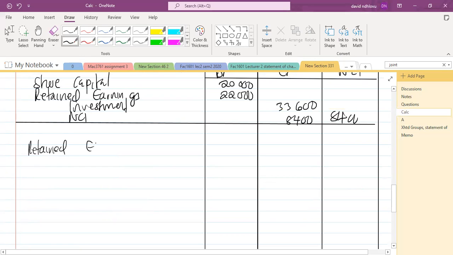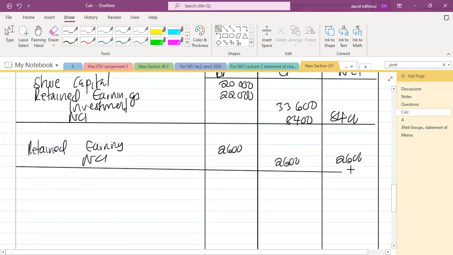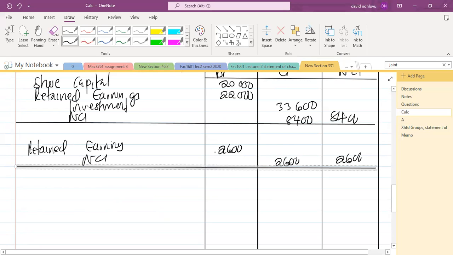Retained earnings has a credit balance. So eliminate 2.6 from that and then allocate to NCI. So this is an allocation of the profit from acquisition to the beginning of the current year to NCI. Then you add these two amounts, 8,400 plus 2,600, so that you know the value of NCI at the beginning of the current year.